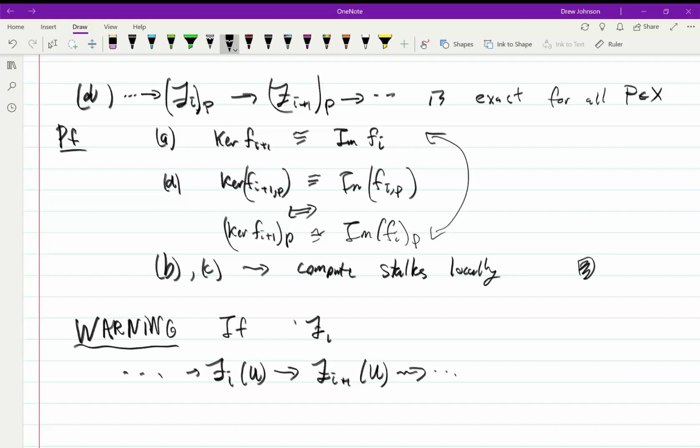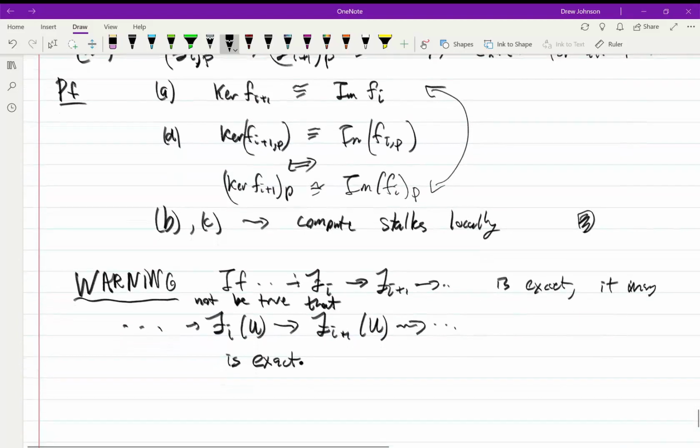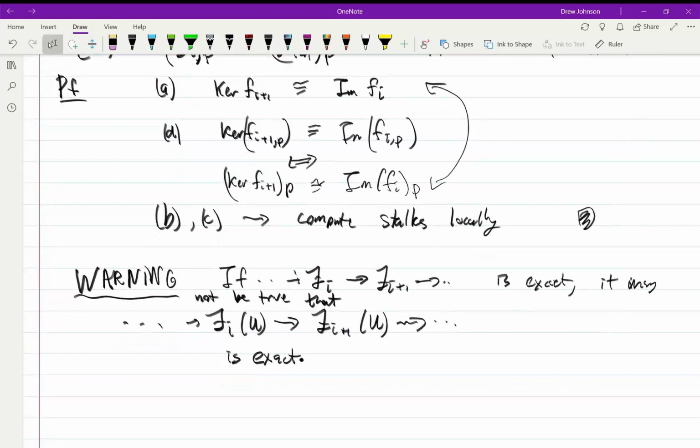If we have an exact sequence, it may not be true that the sequence of sections is exact. In fact, that's the whole problem that motivates cohomology, which hopefully we'll get to talk about a little bit soon.